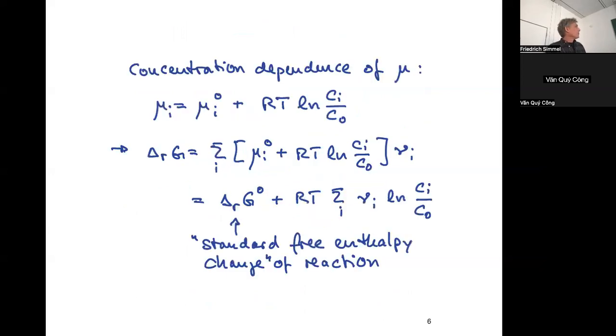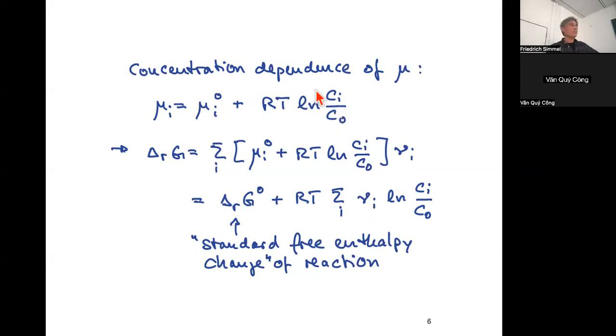And now we come to some of the more useful things for our lecture. So now the chemical potentials are related to the concentrations of the reactants like this here. In a textbook this would be derived by looking at the number of possibilities how you can arrange particles in the system.